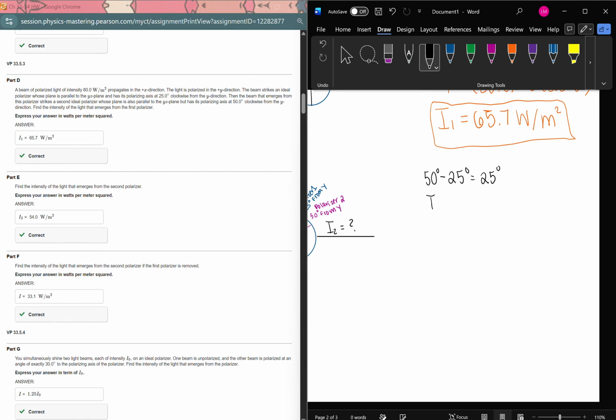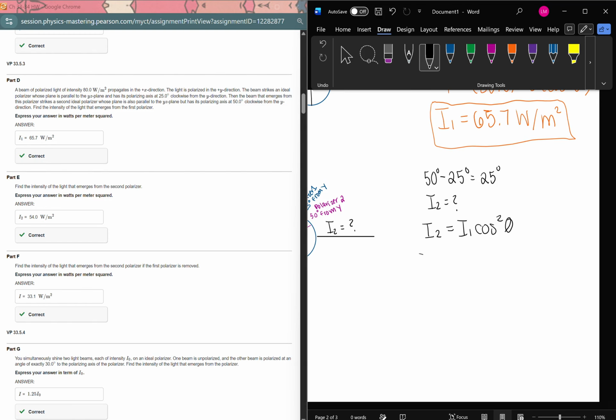So we're going to use Malus's law again, which is I2 equals I1 cosine squared theta. So I2 is the intensity after the second polarizer, and I1 is the intensity after the first polarizer, and theta is the angle between the polarizing axes of the two polarizers.